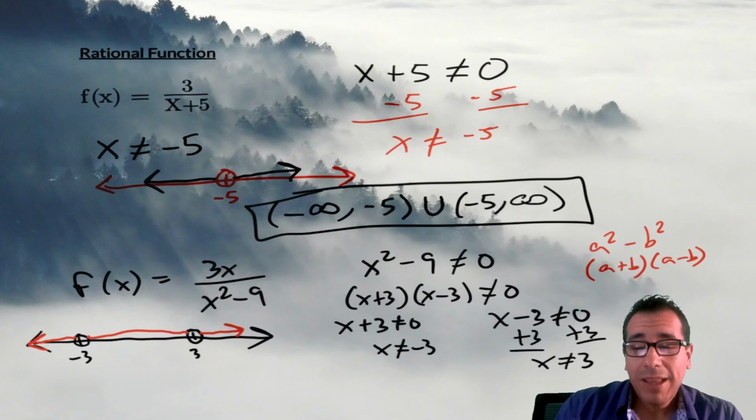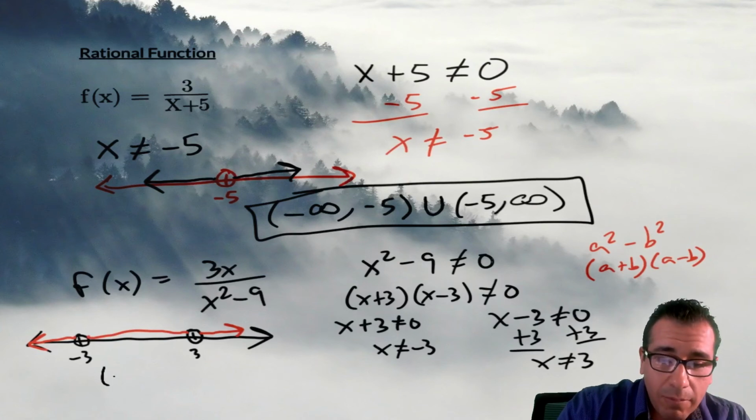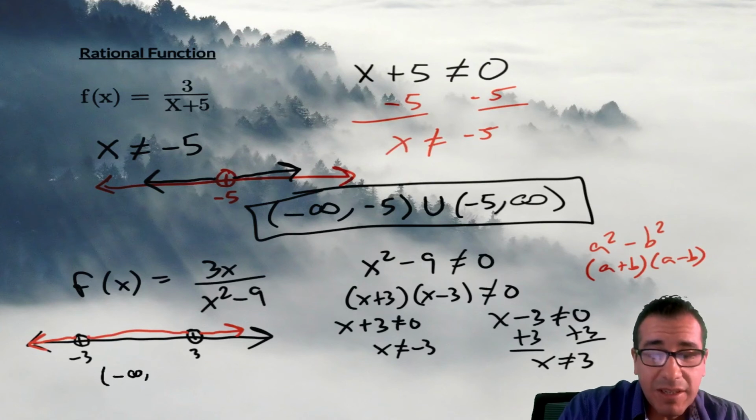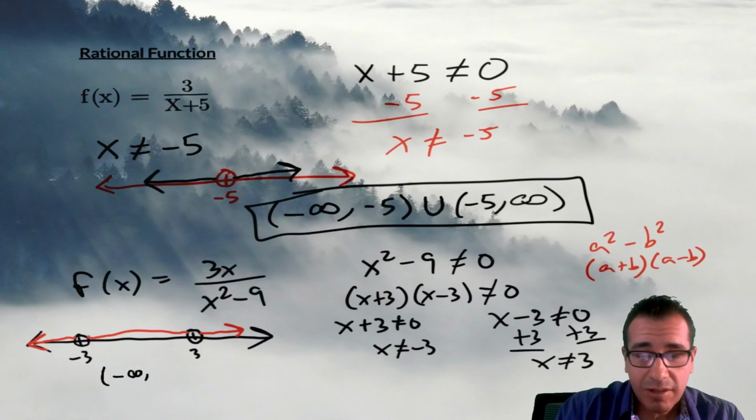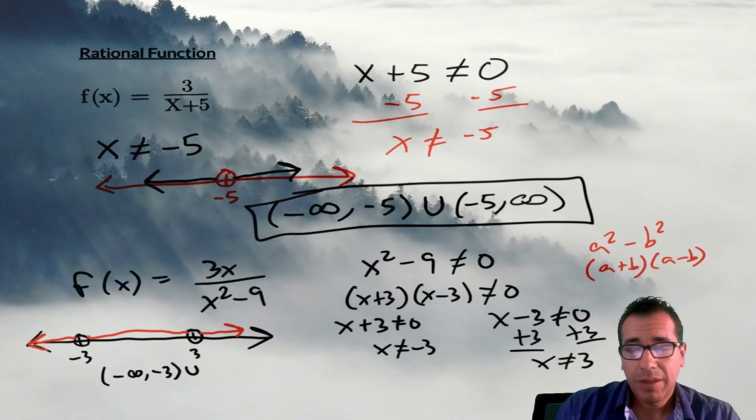So x could be any number in the world except negative 3 and positive 3. The way we write that using interval notation is you go from left to right. So where does this graph start? It starts over here at negative infinity. So we go from negative infinity until we get to the first problem child, which is negative 3. Remember what we said earlier, we do the U for union, right?